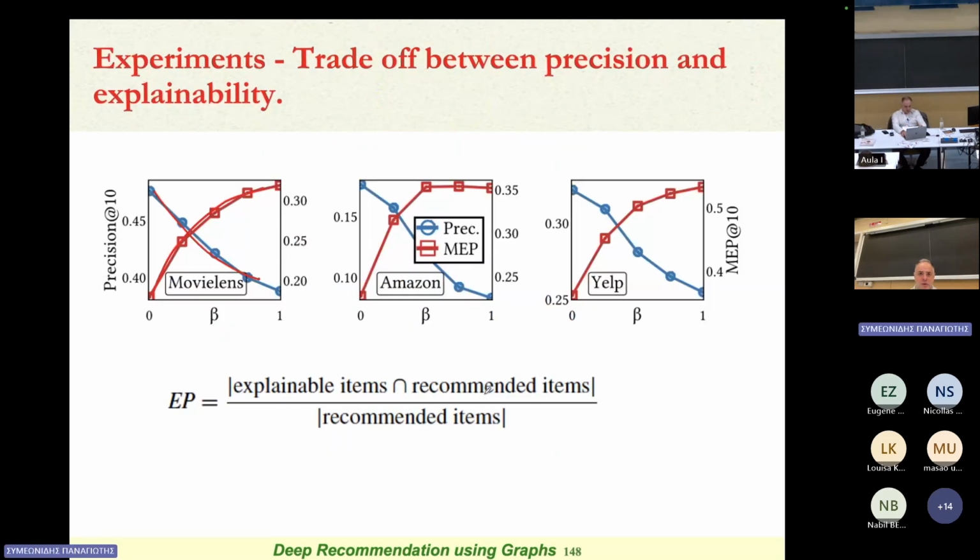And of course, in this paper, we had this trade-off between the mean explainability precision and the accuracy of our model. Okay, so there is this trade-off in our experiments.